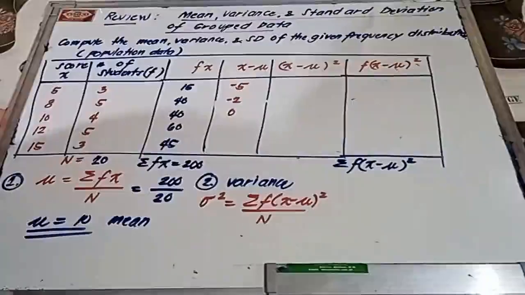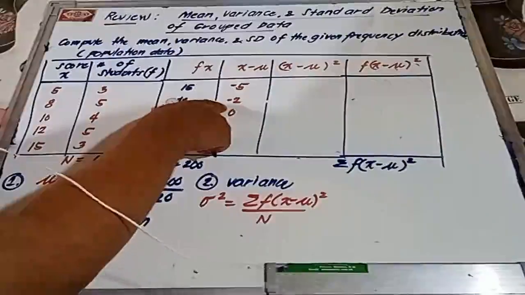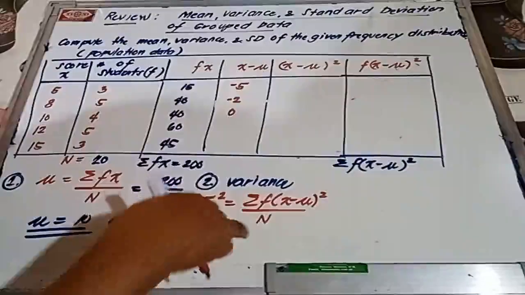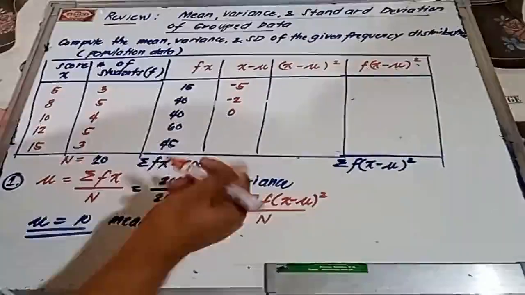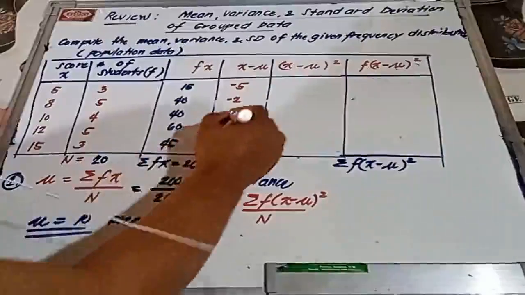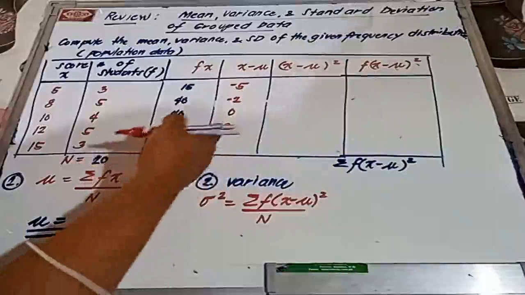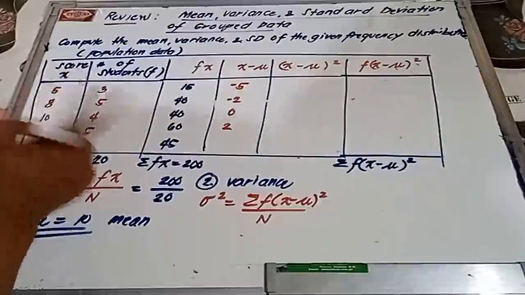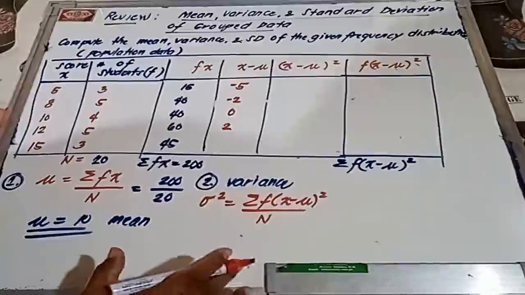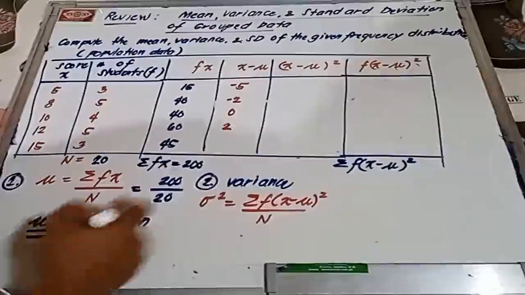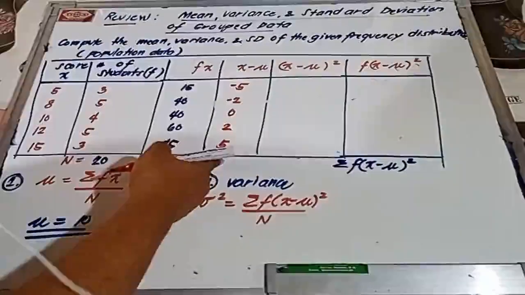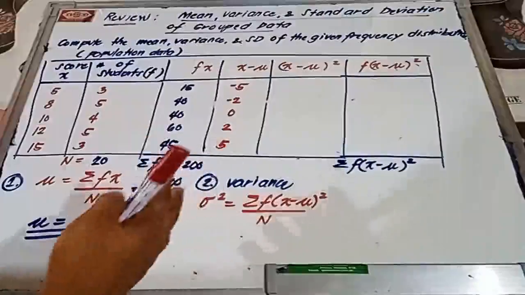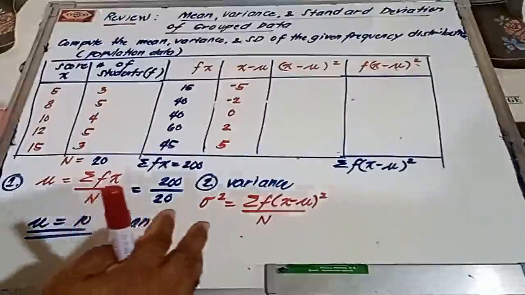While yung negative 2 means itong 8 points na nakuha ng 5 estudyante is 2 units away from the average. 12 minus 10 is 2. 2 units mean the distance of the score of these 5 students is 2 units higher than the average. 15 minus 10 is 5. Magagaling tong tatlong estudyante na to kasi 5 units ang distance niya from the center of the distribution.